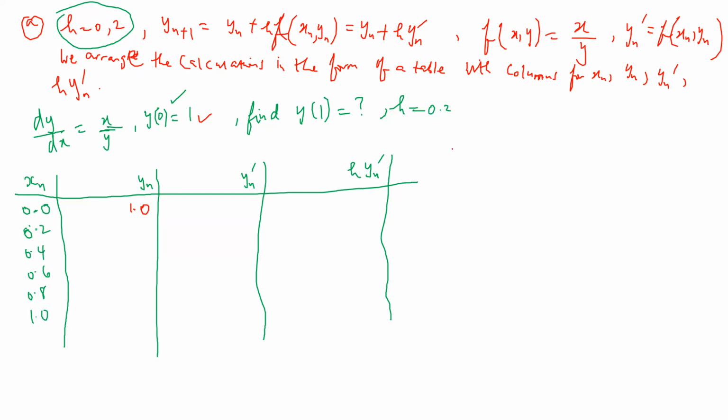Right, to get the next one, we use the formula yn plus 1, which is yn plus h times x over yn, which is yn plus h yn prime. So what is yn plus 1?